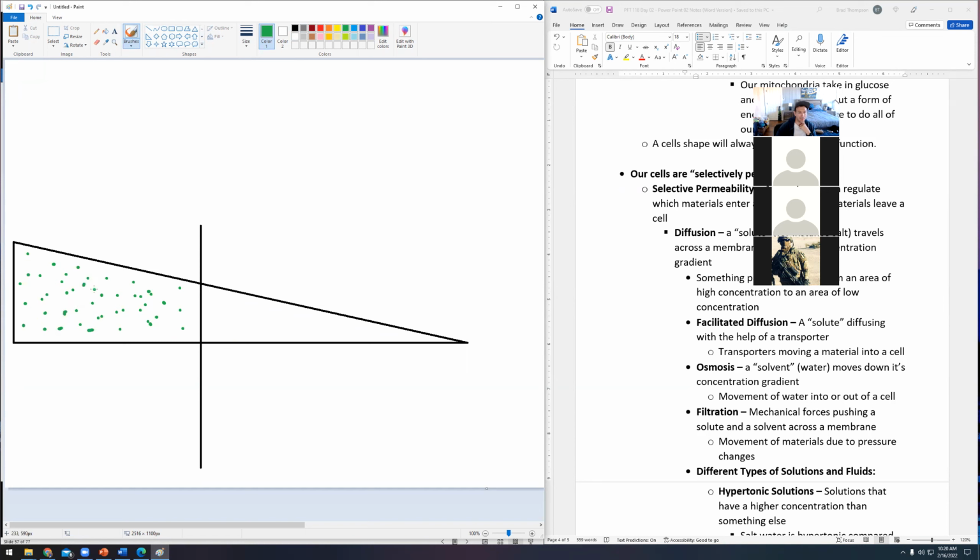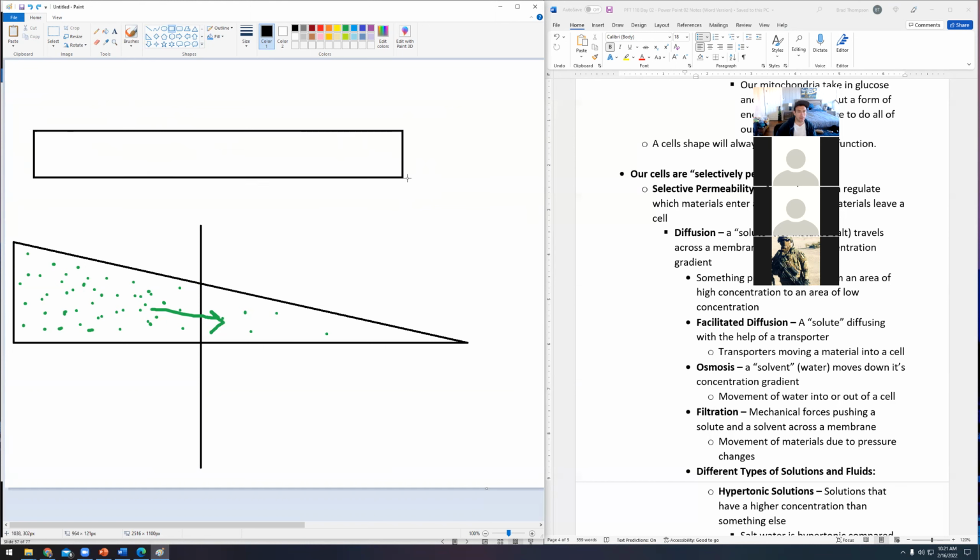Whereas on the other side, I've only got like 4 or 5. What is going to happen naturally is nature will push through this wall and move it over here until the concentration of all of them is equal, right? And now the concentration, even with that wall, is going to be the same on both sides. So it might be something that looks a little bit more like this.